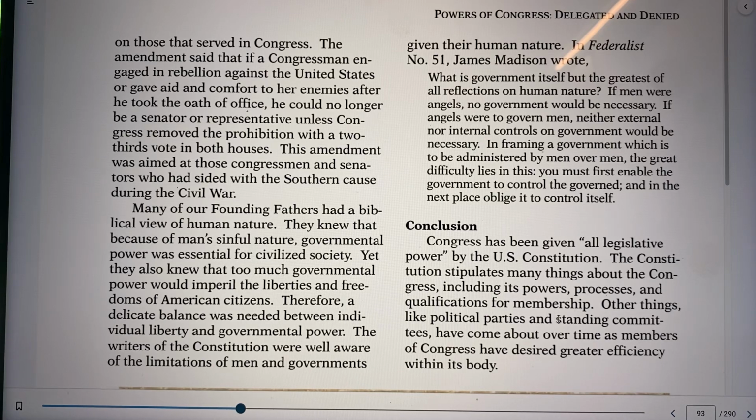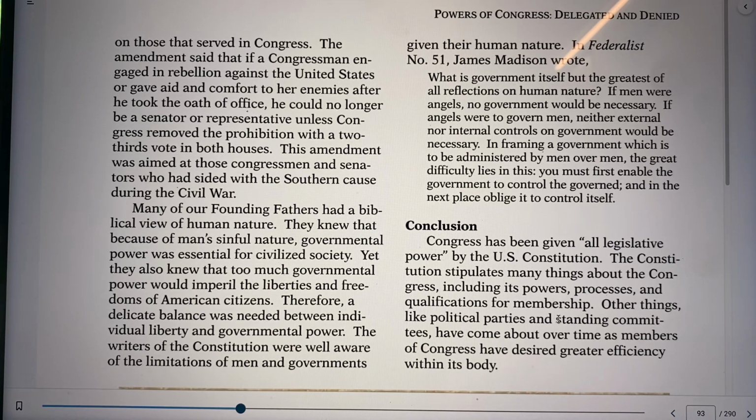The arm of men will fail us. And also we as mankind are basically sinful in nature. So the difficulty lies in that we first must enable the government to control the governed, and in the next place oblige it to control itself. So that's James Madison. Very true.